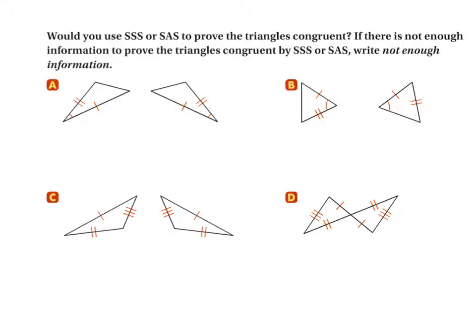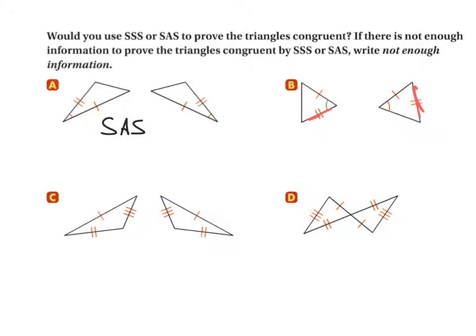For A, we actually have a set of sides that are congruent, another set of sides that are congruent, and the angles between them are congruent. So these can be shown congruent by side, angle, side. For B, if you look at the first triangle, it looks nice. We got a pair of sides here, congruent to this side there.